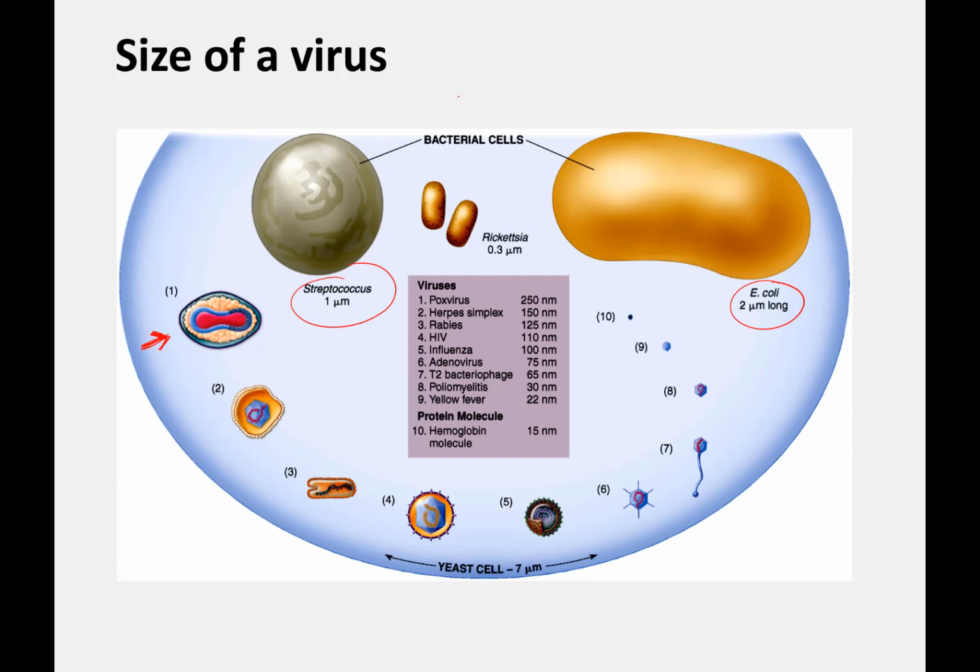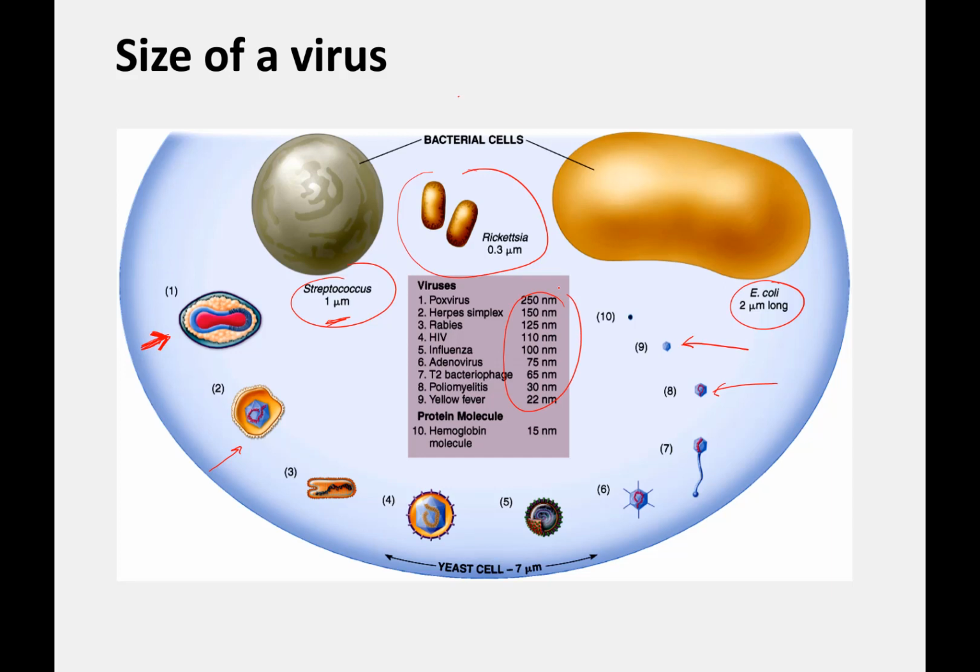This would be like smallpox, vaccinia, herpes, all the way down to number 9 is yellow fever, number 8 is polio. So much, much smaller. Bacterial cells are in the micrometer size, except for these little rickettsia, but there are exceptions. There's always exceptions in biology to every rule.